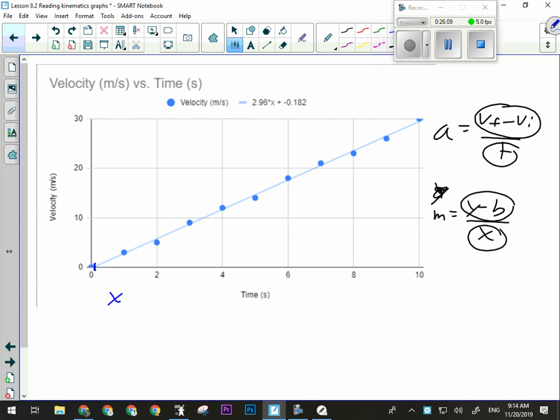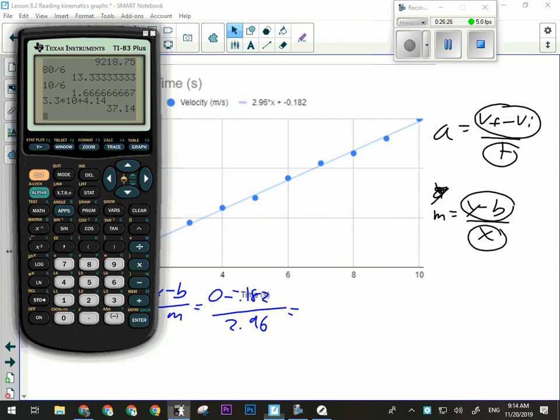So I can find x by saying that it's y minus b over m, and that's going to be 0 minus negative 0.182, divided by 2.96. So actually what I'm calculating here is what we call the x-intercept. We've been dealing with the y-intercept.